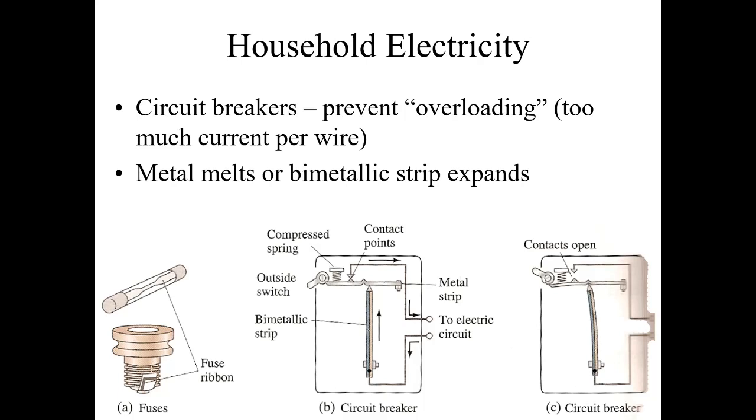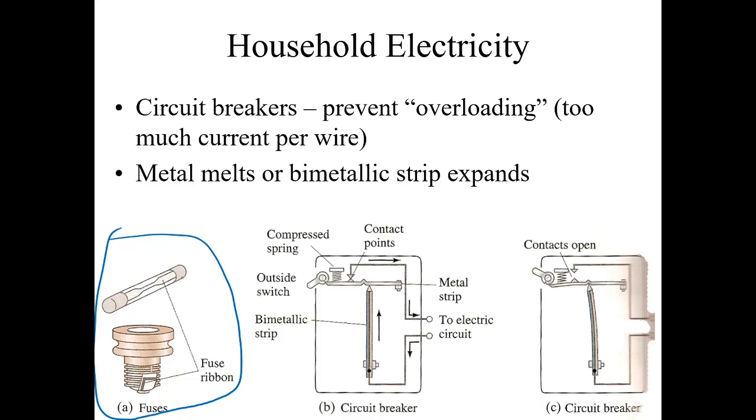Older homes had what were called fuses, and we still use fuses, usually in cars. I even have some devices in the back of the room that still have fuses in them. Fuses have a little metal ribbon inside something that you screw into the fuse box. They can look either way.